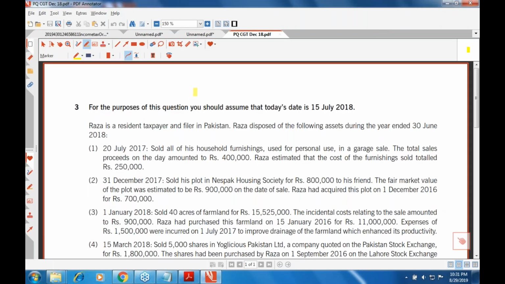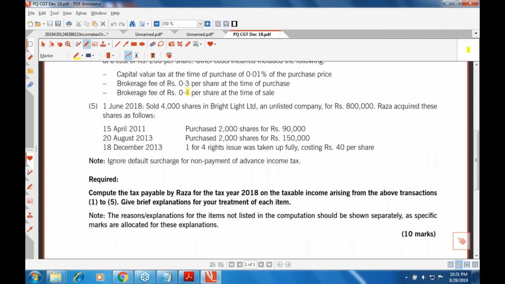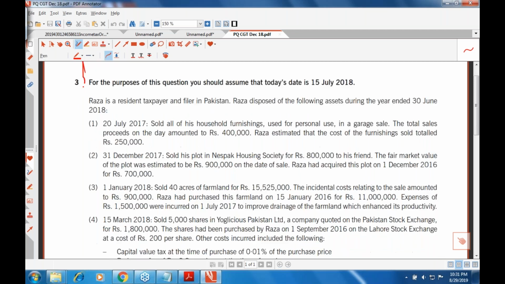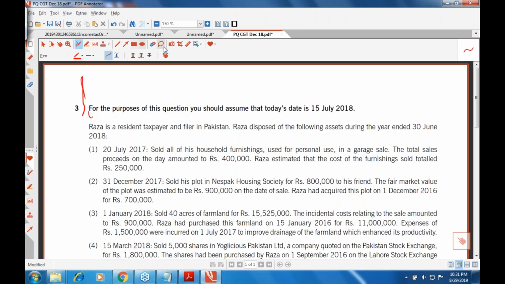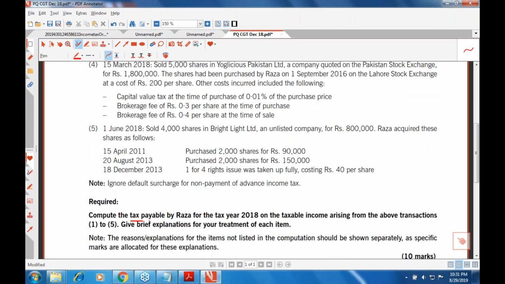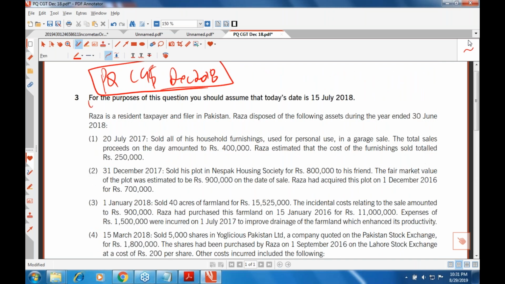This is under your handout section, the practice question, capital gain tax 2018. Okay, so what do you need to do? It says compute tax payable by Radha for tax year 2018 on taxable income arising from transactions 1 to 5. Give brief explanation of your treatment in each item. Let's try to go through them, then we'll discuss.